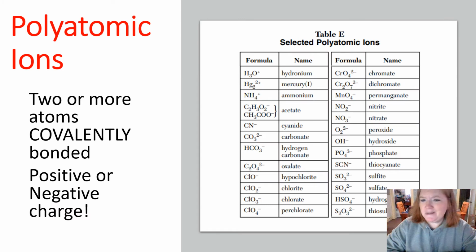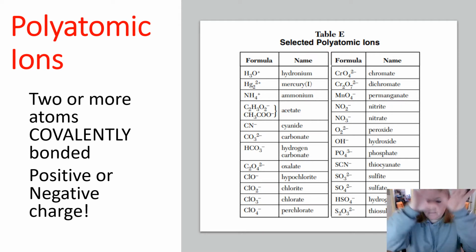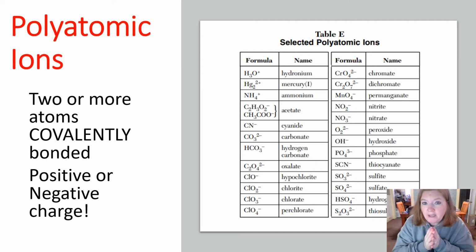So what's a polyatomic ion? Well, you have a whole list of them on Table E, so good thing it's not a memorization thing. It means you have two or more atoms that are covalently bonded, right? And there's a positive or a negative charge. So for hydronium, for example, you have three hydrogens and one oxygen that are covalently bonded, and the whole group has a positive charge.